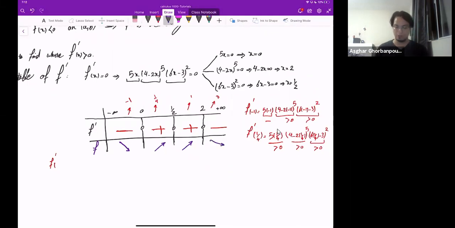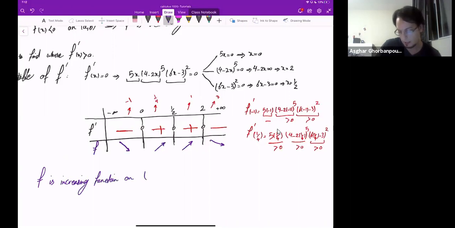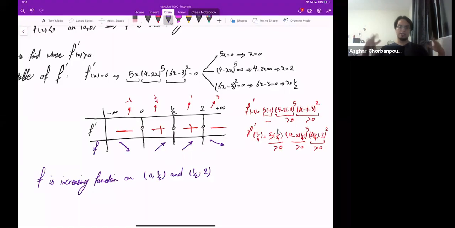So right away you notice that f is an increasing function on 0 to half and half to 2. So basically, the test tells us it will be increasing on these two intervals.